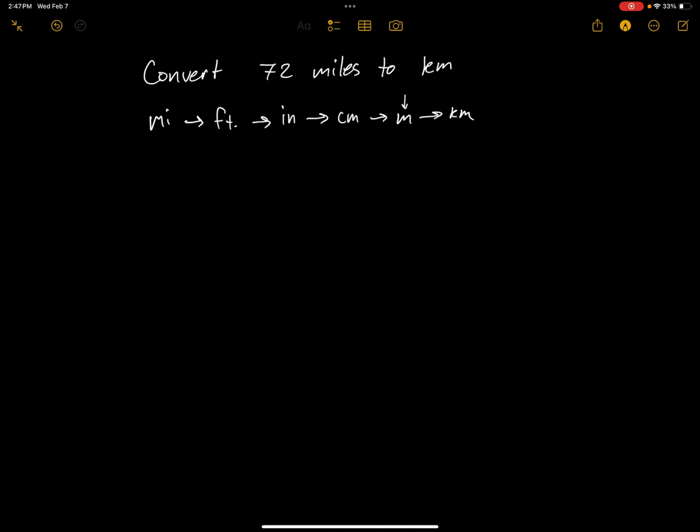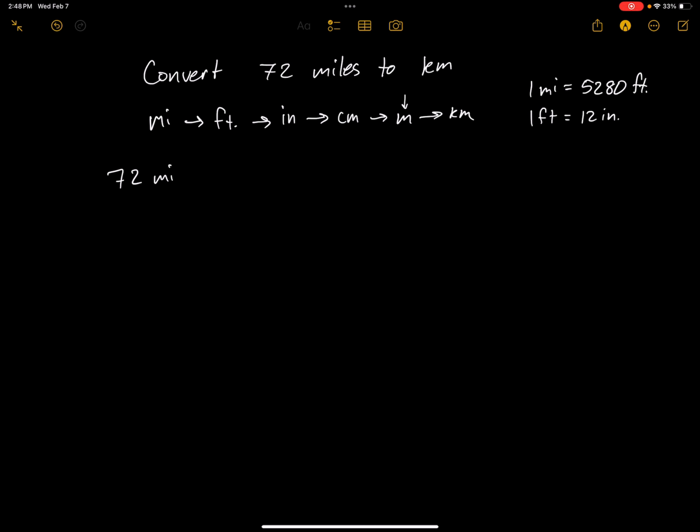So I've got myself a little roadmap here, and I always start with what the problem gives me. And like you had written down on that piece of paper you showed me, you had a piece of information written as a fraction. The reason that works is because I know that 1 mile is the same thing as 5,280 feet. That's just the definition of a mile, just like 1 foot is equal to 12 inches.